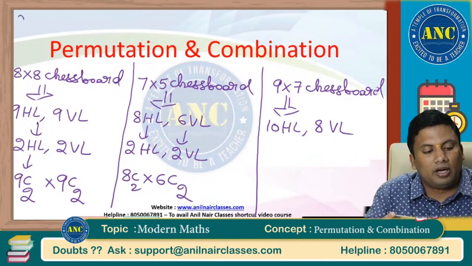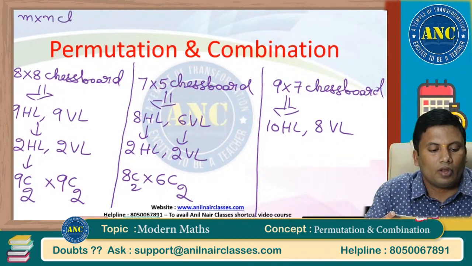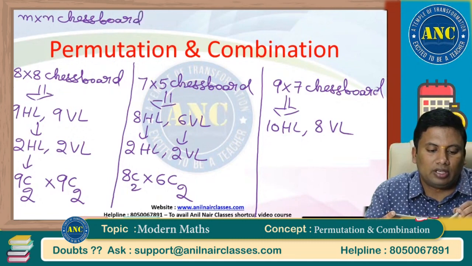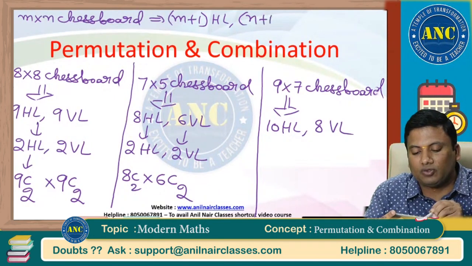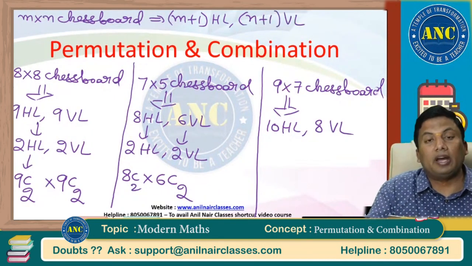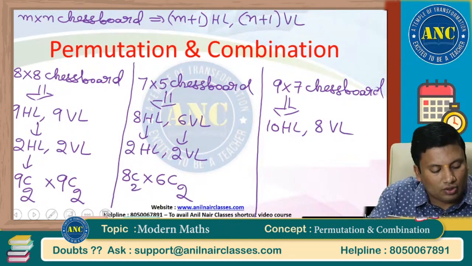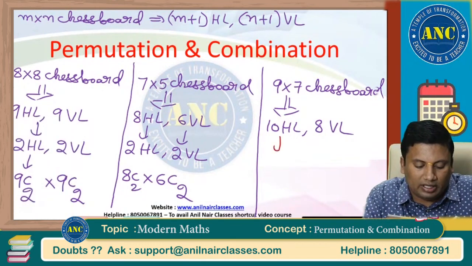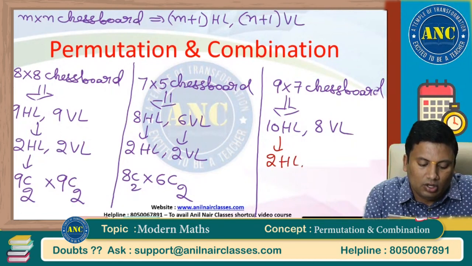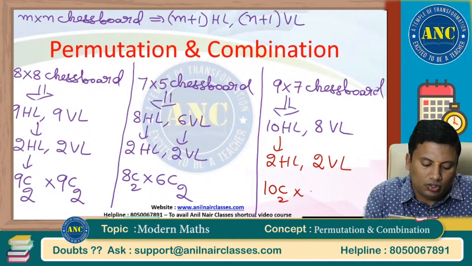Because in a 2 into 2 chessboard, there will be 3 horizontal, 3 vertical. In an M into N chessboard, there will be M plus 1 horizontal lines and N plus 1 vertical lines. So, if the question is the number of rectangles, which is extremely important, it is nothing but 2 horizontal and 2 vertical, so 10C2 into 8C2.